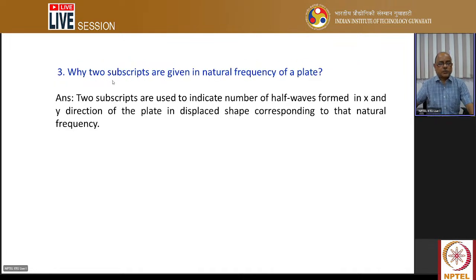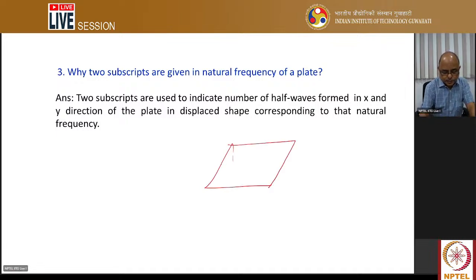Then another question is why two subscripts are given in the natural frequency of the plate. Now the plate bends in different half waves that are formed in the x and y directions. Suppose a rectangular plate, at a particular frequency it is bending like that, and in another direction it is bending like that.